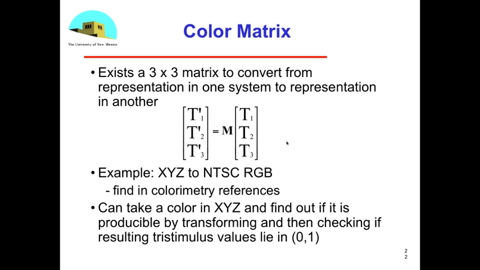Actually, the older OpenGLs, before a lot of the functionality was deprecated, had a color matrix. So in addition to the model view matrix and the projection matrix that were stored separately and part of the present state, there was a texture matrix that was used to transform texture.